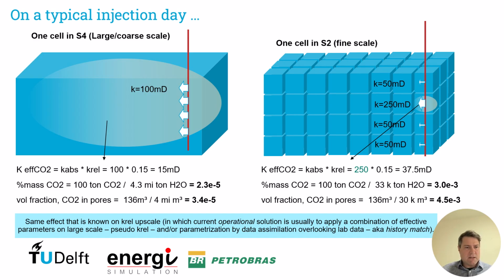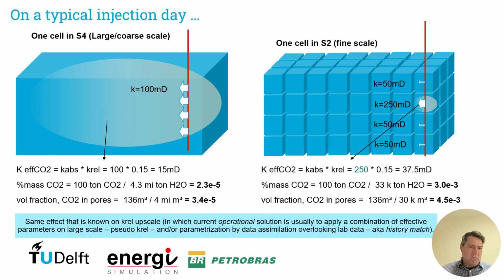We see here that the concentration of CO₂ inside a single cell is not the same. If we inject in a very large cell, it is 10 to the power minus 5, and if we inject in smaller cells, here represented by a TIF zone with some heterogeneity, it is going to be 3 to the power minus 3. So it's 2 orders of magnitude difference.